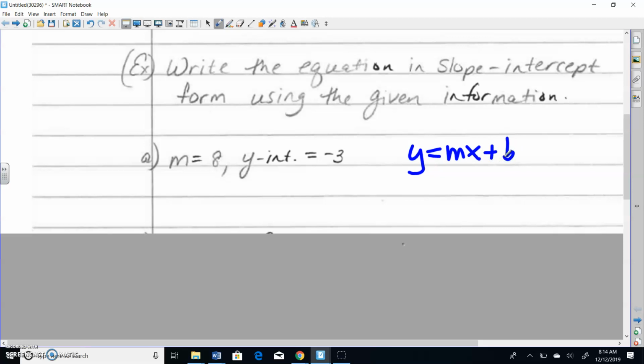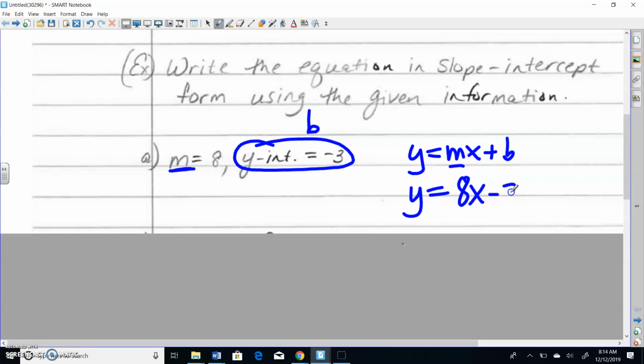Right away we're given m, which we plug in, and the y-intercept, which represents the b in our equation. So we can rewrite this as y equals 8x plus b, and b is -3, so plus a -3 would be the same as -3. And there we have the equation of our line.